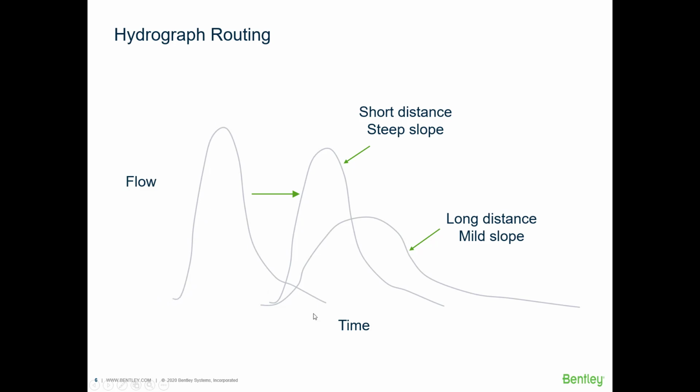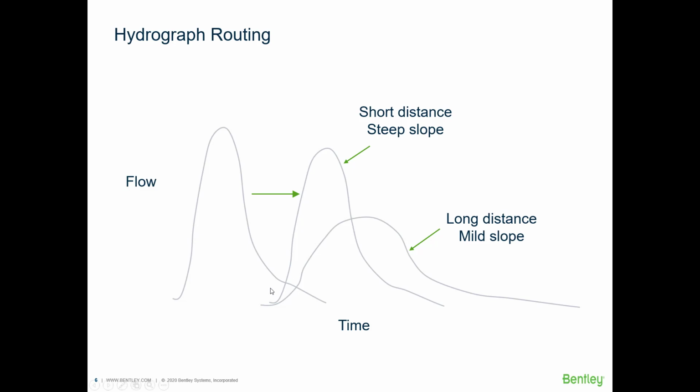This first hydrograph, think of it as the inflow hydrograph for a pipe or a channel or even a whole network. As that flow moves through the system, the hydrograph's shape is going to change. How it changes depends on the size and configuration of the system.